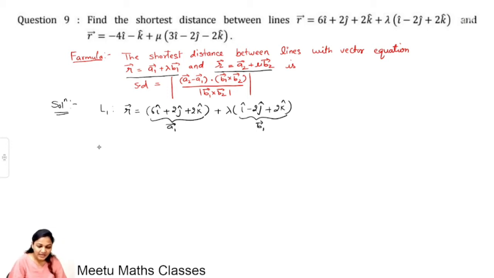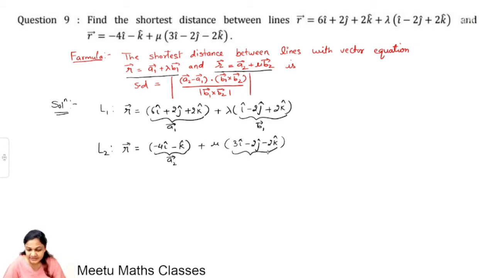Okay, and there is another line, that is r equals minus 4i minus k plus mu times (3i minus 2j minus 2k). So this can be treated as your a2 vector and this is your b2 vector. Okay, now we are going to first find out a2 minus a1.